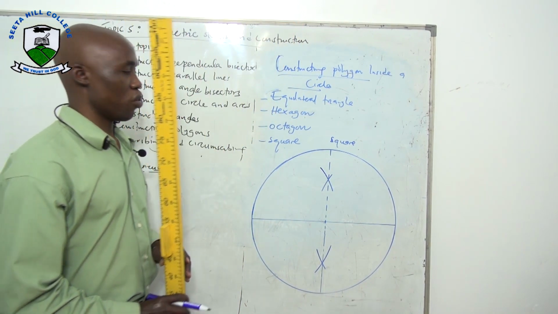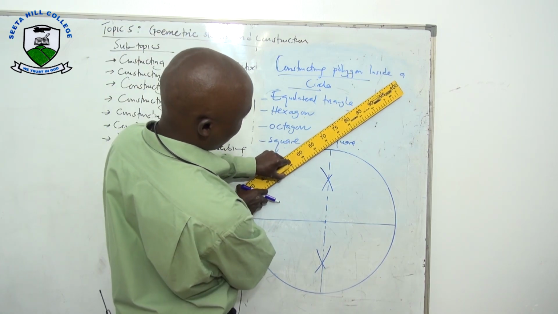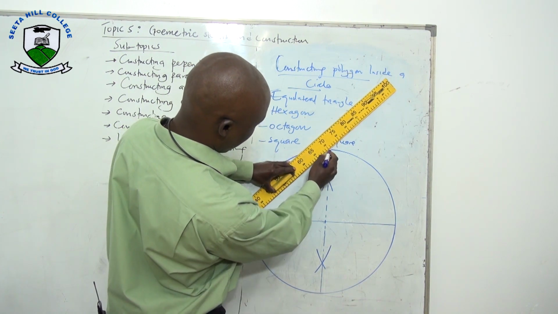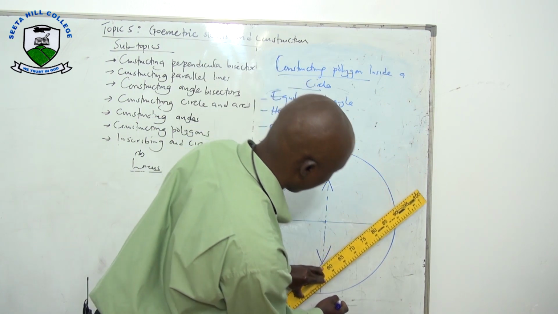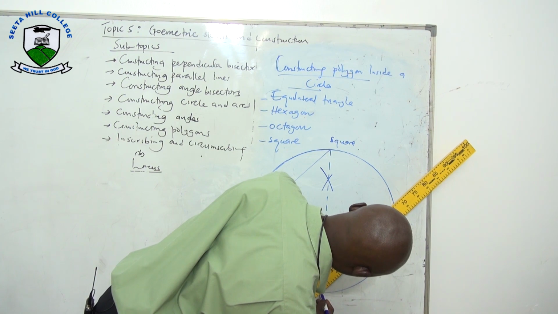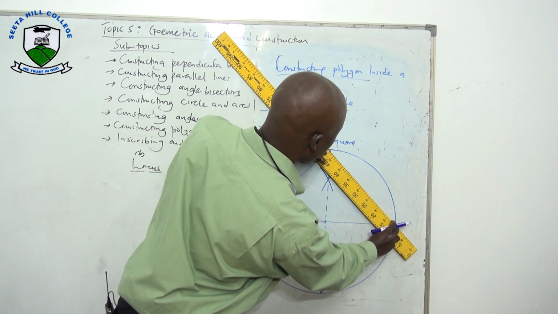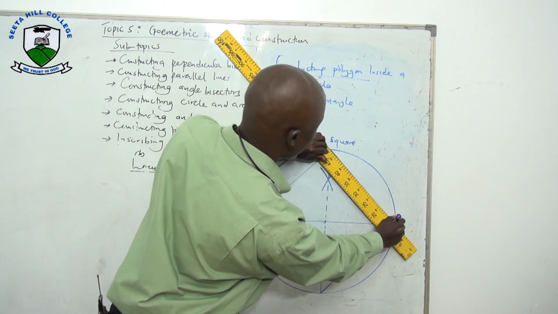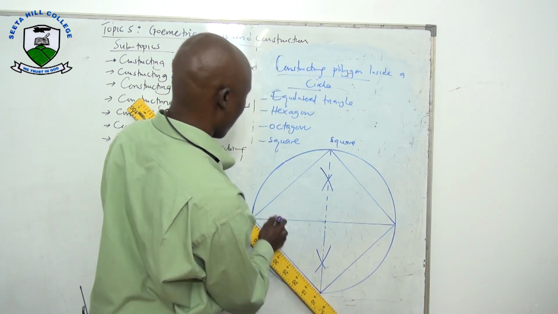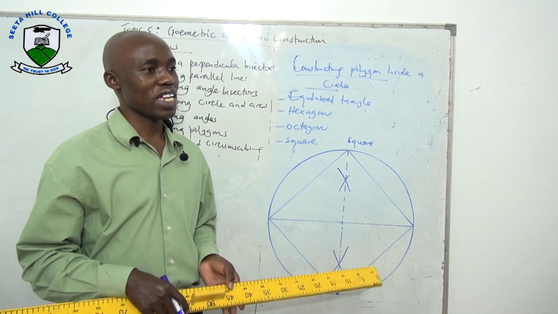Now you have a square already. Don't you have a square? That means you are just going to join the sides of a square. Yeah, you have a square. It means the sides are all equal.